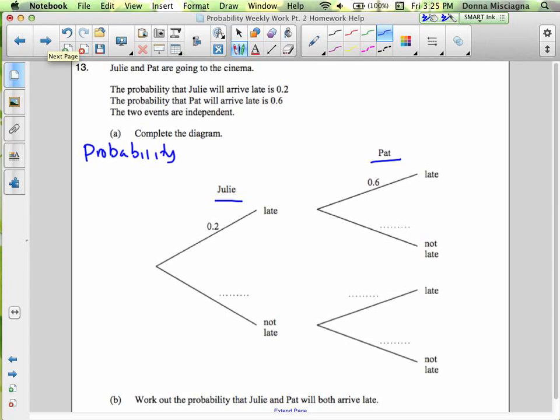The probability on any set of branches equals 1. So that has to equal 1, that has to equal 1, and that has to equal 1. You need to fill in the missing.